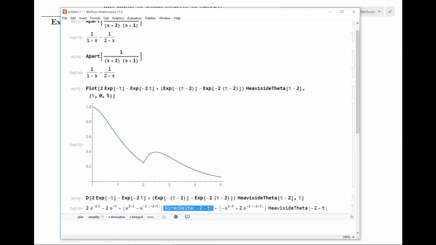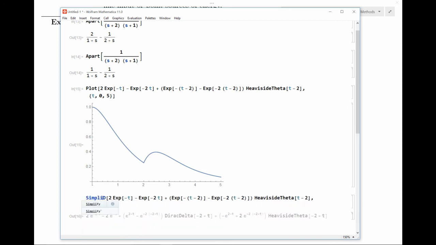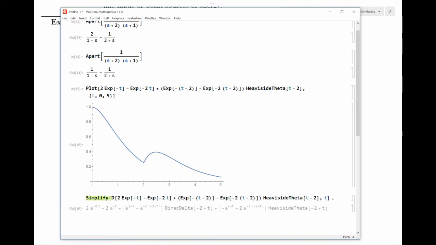t equals 2. And since Dirac delta is 0 everywhere else, I'm sure this will simplify into something that will not have Dirac delta in it. And just as I said, the Dirac delta function disappears when we simplify this expression. Let's plot this expression and see what happens with our derivative.